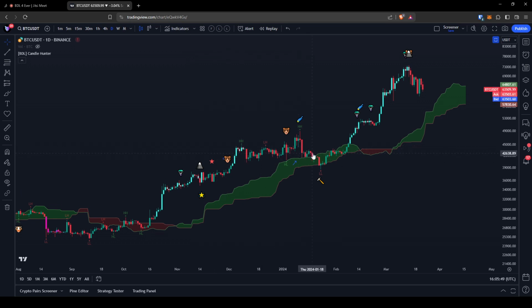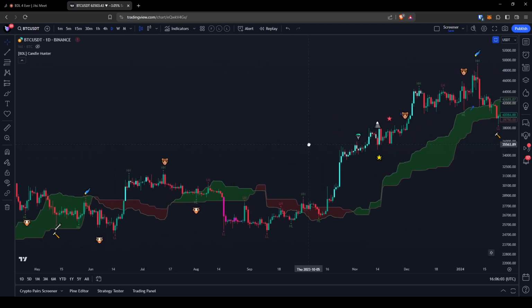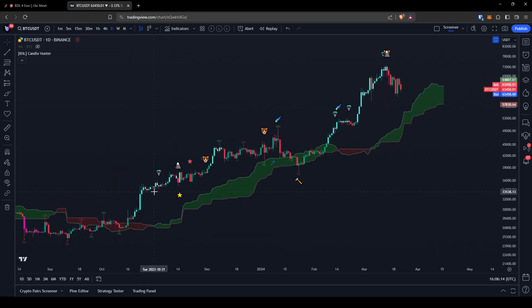When we are trading below the cloud, we will have a red cloud, so that's bearish. The Ichimoku is also the only indicator that shows future support and resistance lines. You can see it's printing a big bullish cloud a little bit into the future, and as long as that is bullish, in this case green, it's still a healthy uptrend.